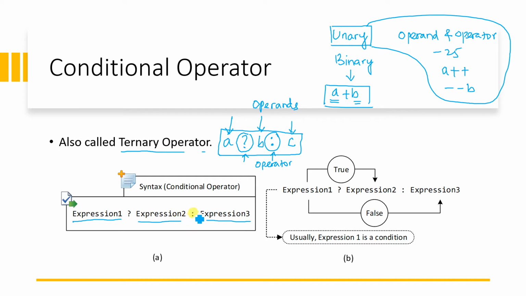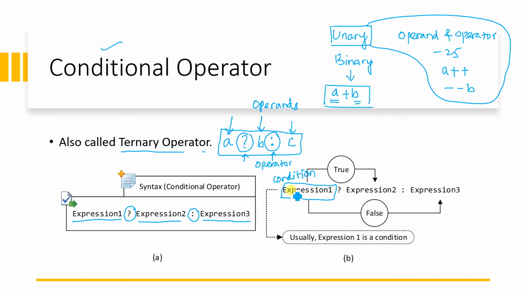The colon and the question mark represent the operators, and expression 1, expression 2, expression 3 represent the operands. When we use this, every time expression 1 is always a condition. Generally we will use a condition to write expression 1. That's why it is also called the conditional operator.